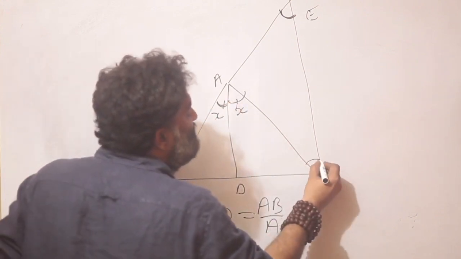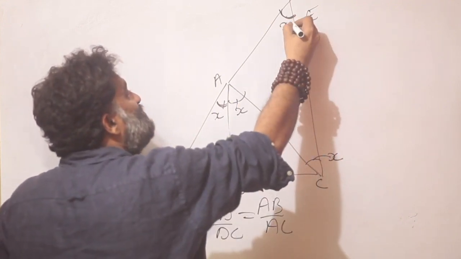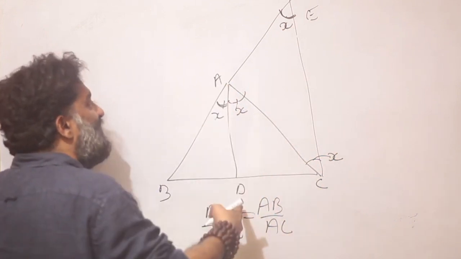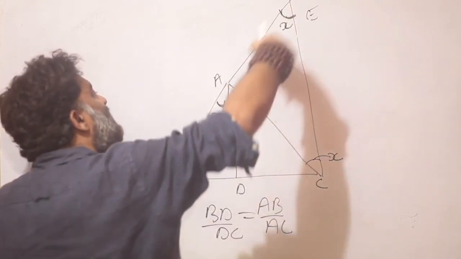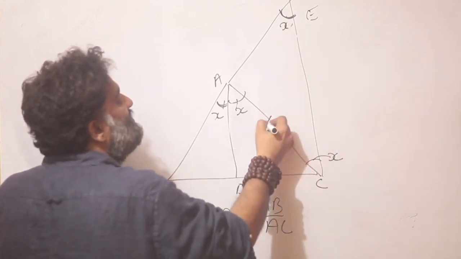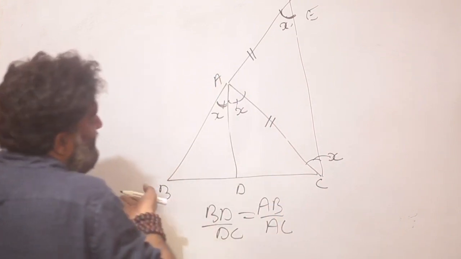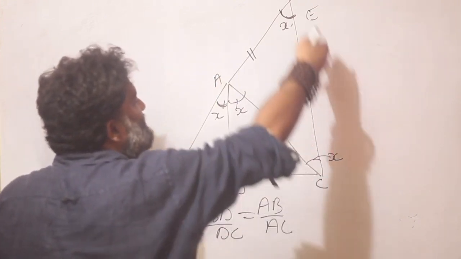This angle is also equal to this angle, so this angle is also going to be x. This angle is also going to be x because now think of the parallel lines AD and CE, and you create two corresponding angles. If these two angles are equal to each other, this side is going to be equal to this side. And now think of the big triangle BCE.